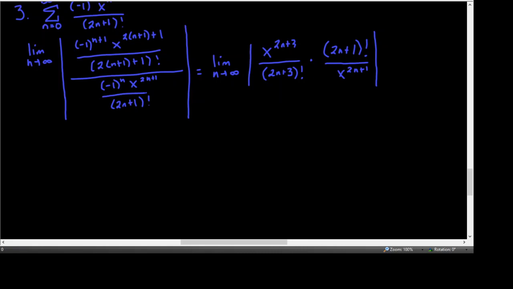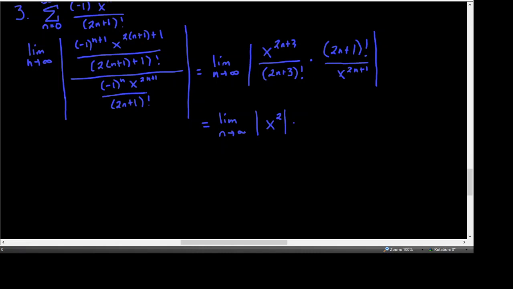So I think we'll be okay. Now, to do the powers of x that are divided, we're going to subtract the exponents to do that division. And x to the 2n plus 3 divided by x to the 2n plus 1 will be x to the 2n plus 3 minus 2n plus 1. So the 2n's go away, and 3 minus 1 is 2.